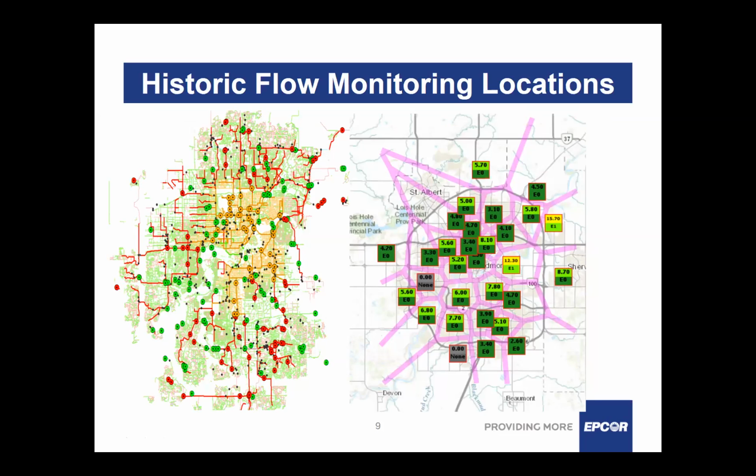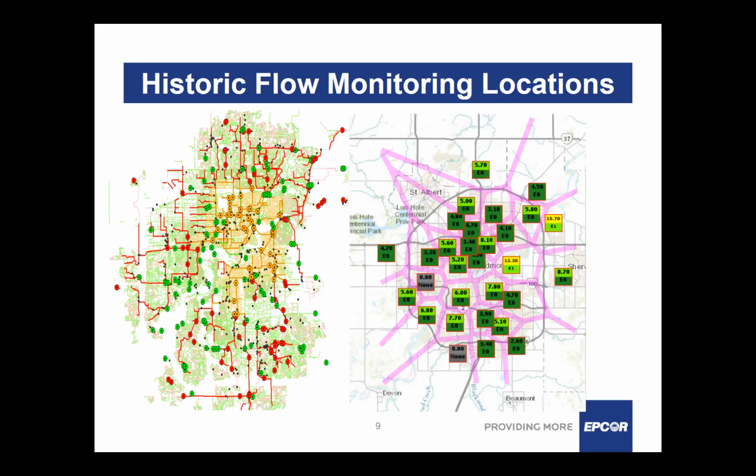Now I'm going to talk about some of the information that we use in the modeling process. We have flow monitoring data to the right there. You can see some of the monitor locations. Again, red is separate sanitary, green is storm, and the brown dots are the combined monitor locations.